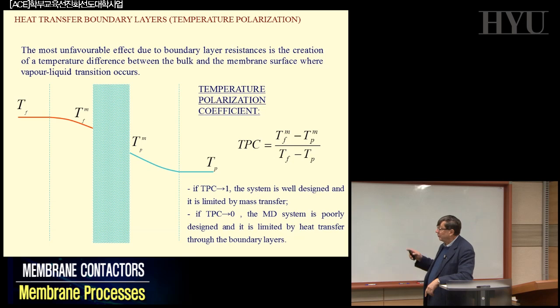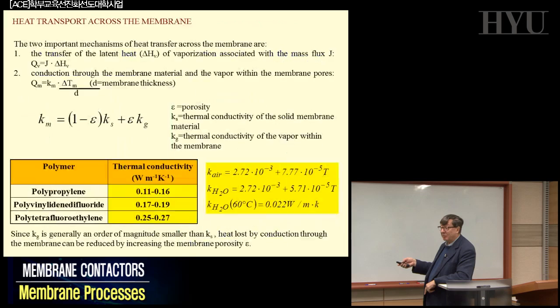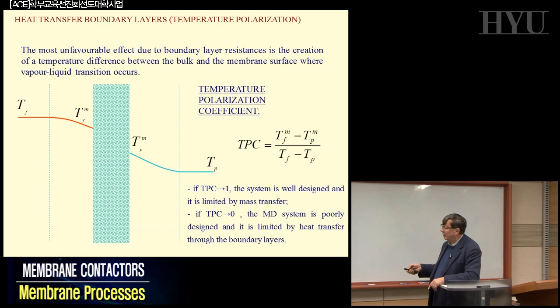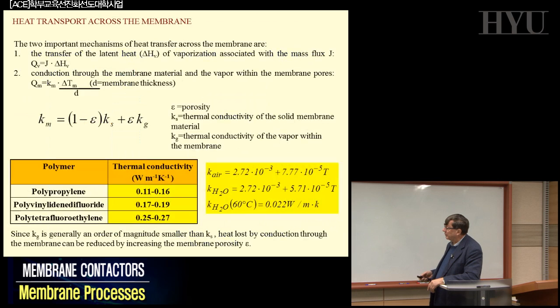That's why the different kinds of configuration we were showing before, direct contact, membrane distillation, vacuum, air gap, stripping, etc., each one of those, depending on the situation you have, has different performance related to this kind of phenomena that is introduced just for taking care of the boundary layer and the temperature profile that you can create. Much more important than in the other case.